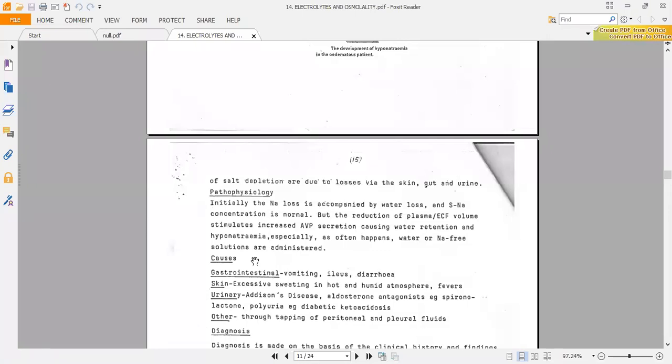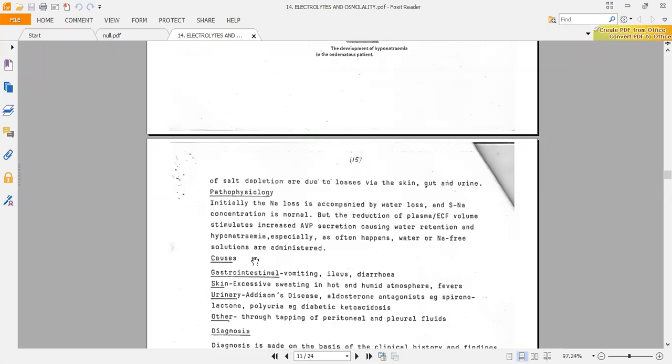Someone who is sweating a lot loses sodium, because sweat contains a lot of sodium, and that can lead to hyponatremia. Then GI losses, someone who is vomiting or someone with diarrhea, can also lose sodium. And the most important cause of loss of sodium is the kidneys.